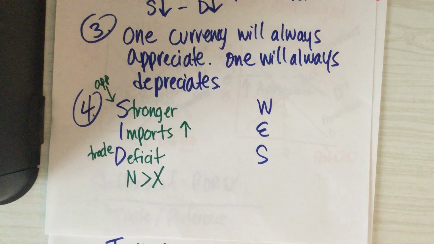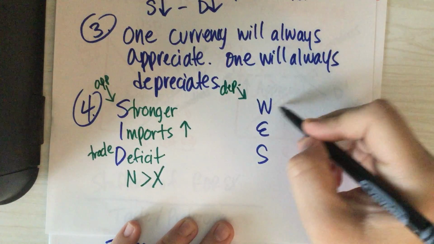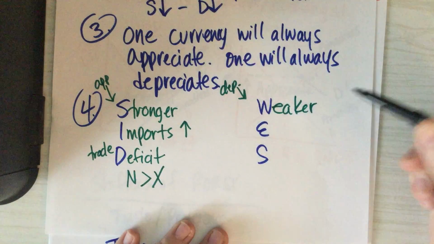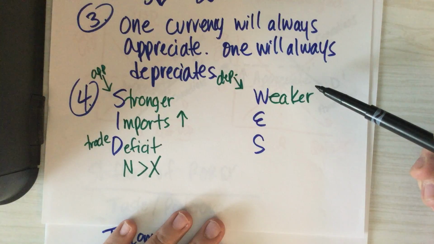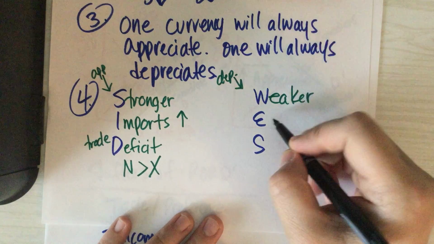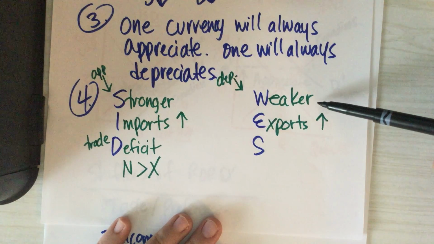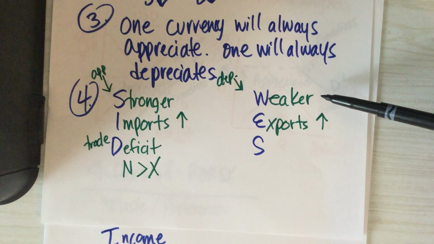When you have a depreciated dollar, a weaker dollar, that means the exchange rate of the value of your dollar has gone down. That means that your exports are going to go up.